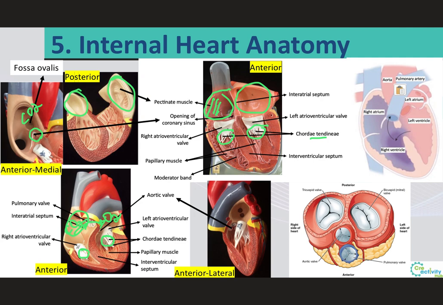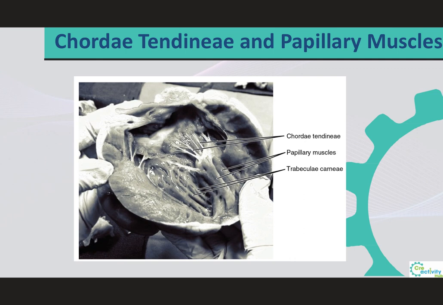We can only locate the moderator band on this model, as it is not represented on this smaller model. And this image is for us to appreciate the connection between the papillary muscles and the chordae tendineae holding the valves in place. Here we have the right atrioventricular valve. We can see a little bit of the chordae tendineae.